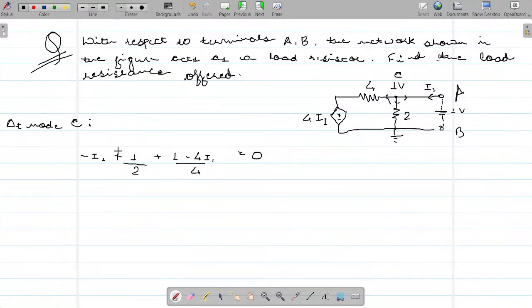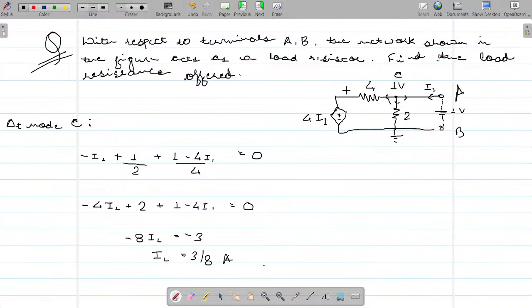Can I say that? I am multiplying the entire equation by 4. This will leave me with 4I1 plus 2 plus 1 minus 4I1 again is equal to 0. Can I say I have minus 8I1 is equal to minus 3, or I1 is equal to 3 by 8 amperes. Okay, so this was the last question for today.